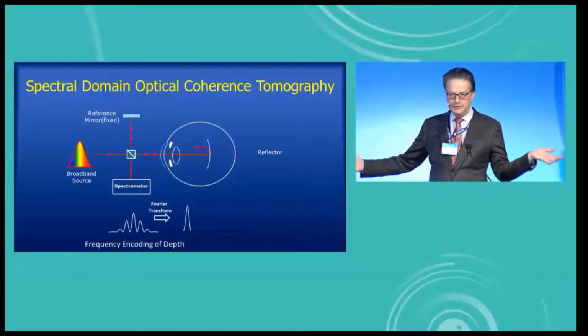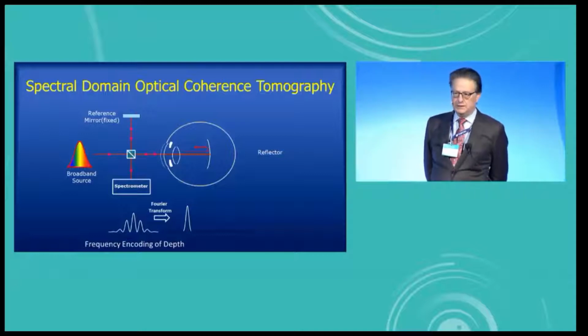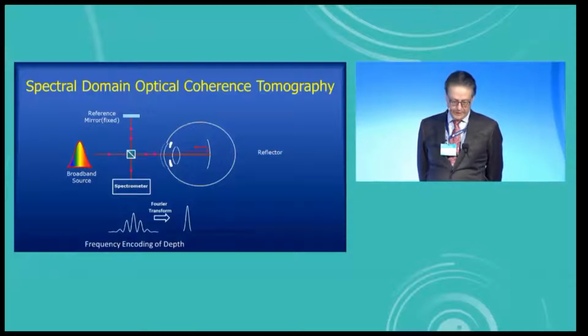and there's a beam splitter in there, and it splits half the light off into a reference arm and half into your eye, or a person's eye, and the reflection from the eye is then combined back again with the light from the reference arm. And that makes an interferogram, and the ingenious part of spectral domain OCT is that the depth of the reflector encodes the interferogram.